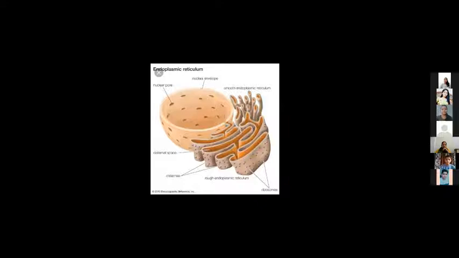The definition of ER, as we can say endoplasmic reticulum as ER in short form, is a network of flattened sacs and tubules in the cytoplasm. The ER is divided into two parts.